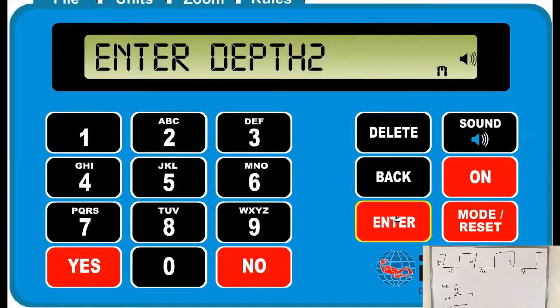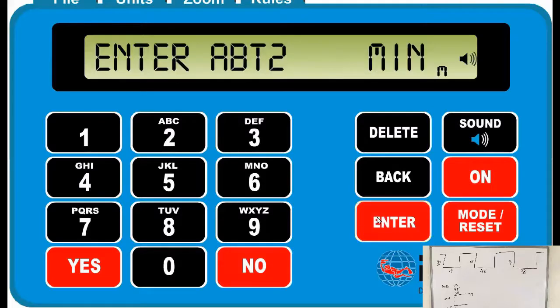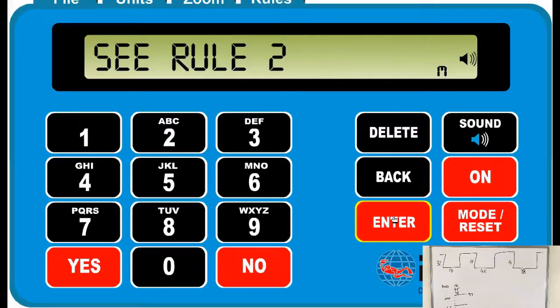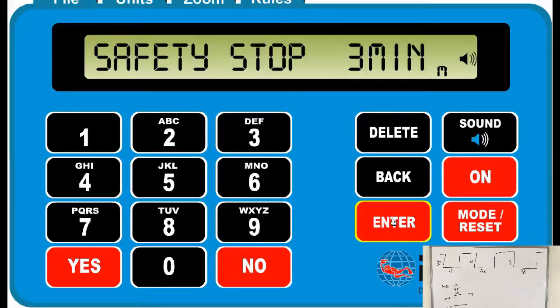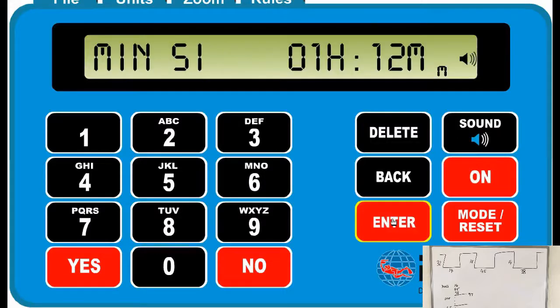The second dive is 18 meters, for 45 minutes. It's another 3-minute safety stop. And we've found that we've got a minimum surface interval of 1 hour and 12 minutes.